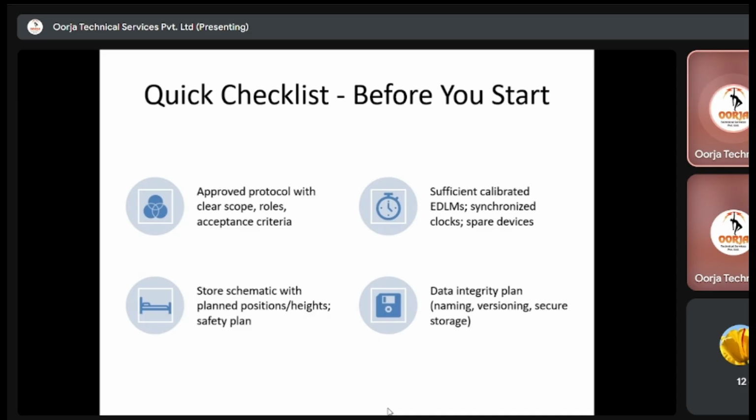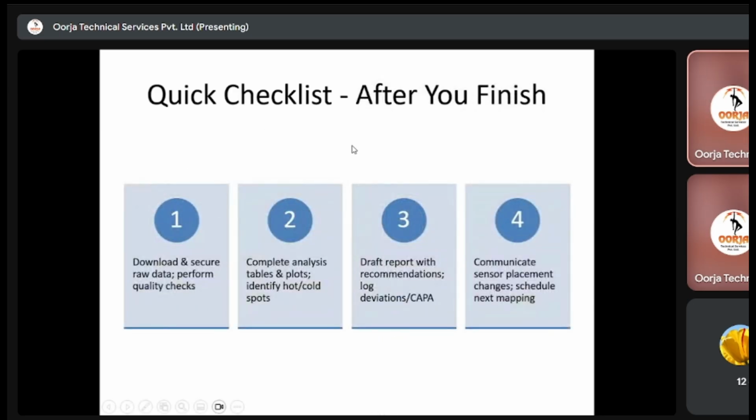Then we should place all data loggers in an appropriate location, as per the location chart, across the height and the length. And finally, we should have documents complying with data integrity. So this is basically a quick checklist.